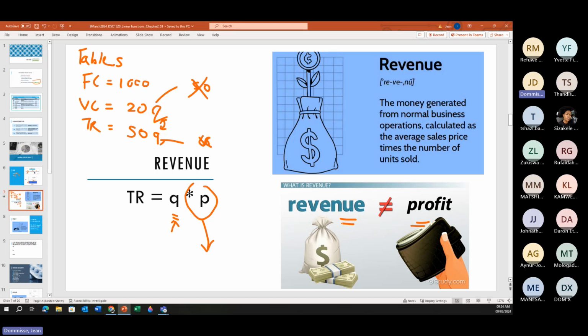The reason why I put that in here is that a lot of times you will get questions where they will say work out the revenue or work out the profit.